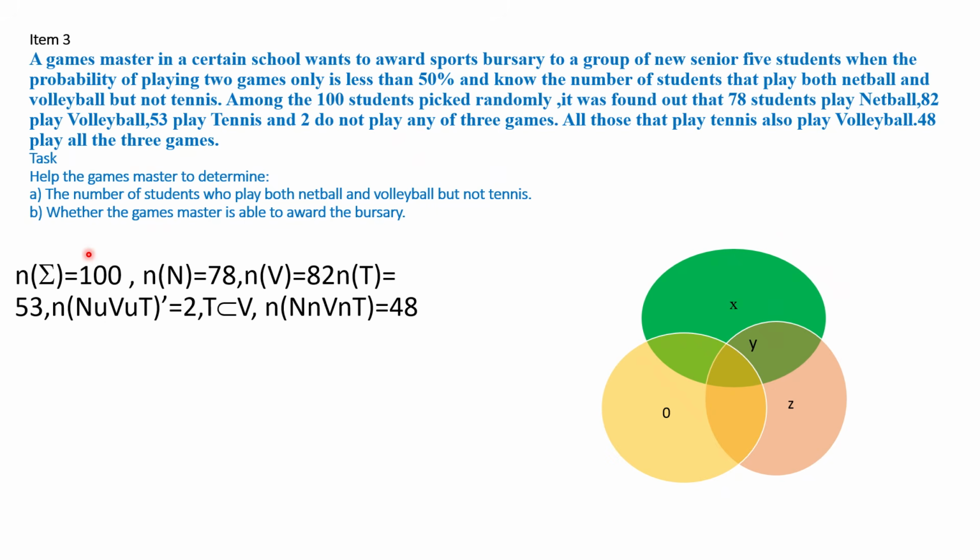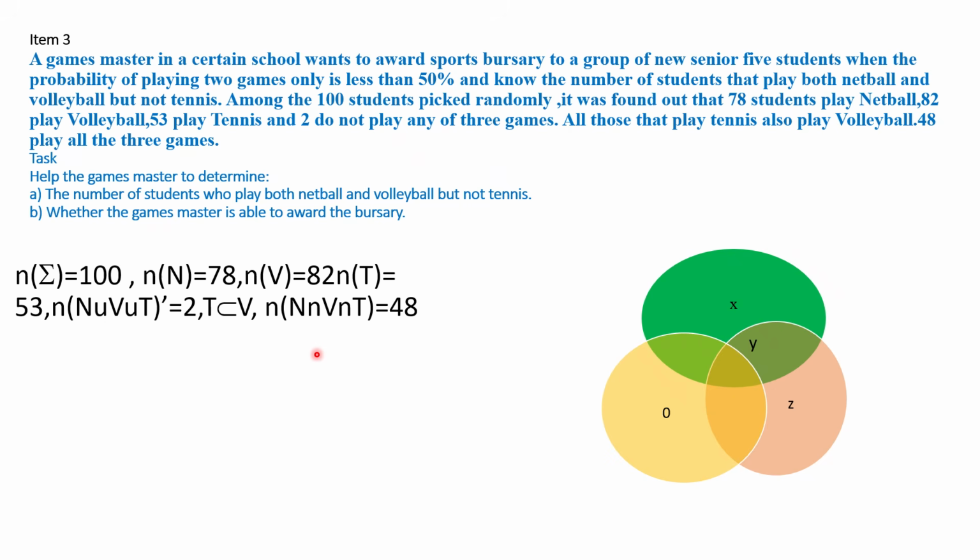If they say that all those who play tennis play volleyball, it means that the number of those who play volleyball and tennis was 53 still. Then if I say only, I get 53 minus 48, giving me 5.